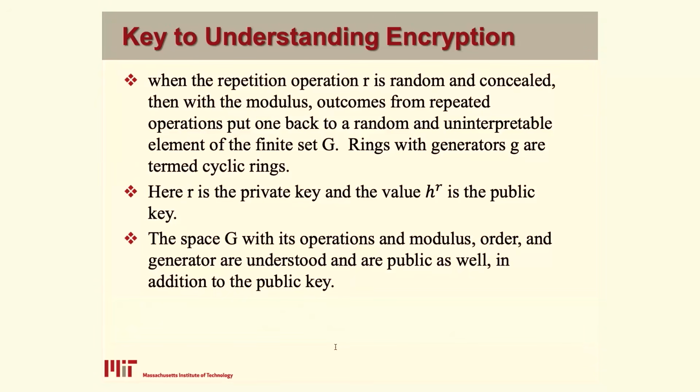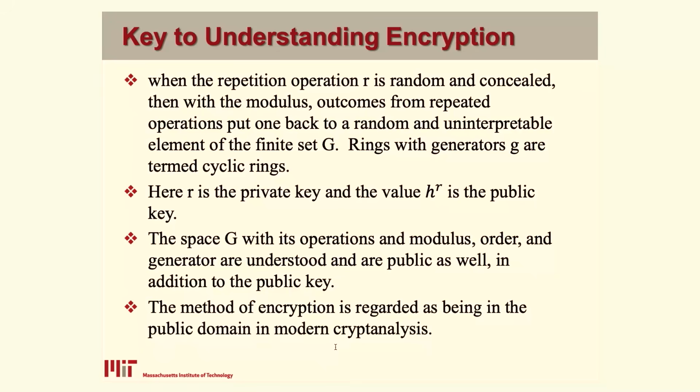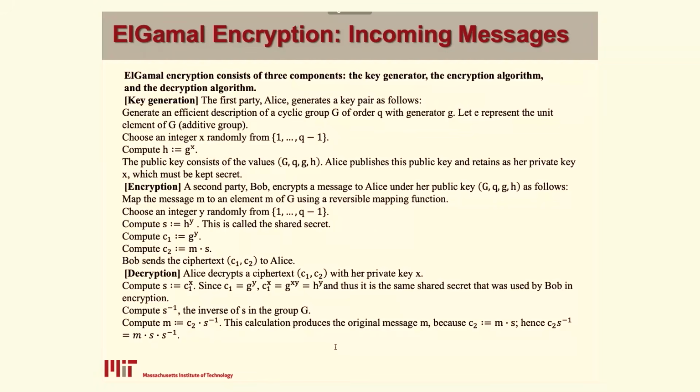So the space G with these operations and its modulus, its order, and the generator are all understood, are public, in addition to the public key. So that's an example in notation. So let's see how it works with incoming messages.